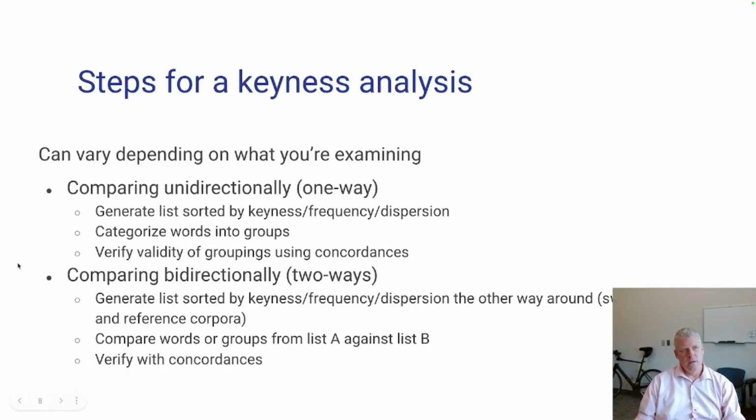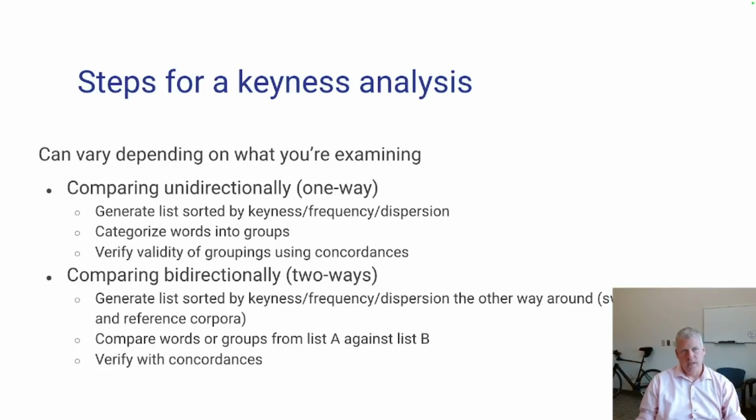Another way, with the second solid bullet on this slide, is to compare bidirectionally. You generate a list sorted by keyness metric or frequency or dispersion the other way around, like you switch the target and the reference corpora.